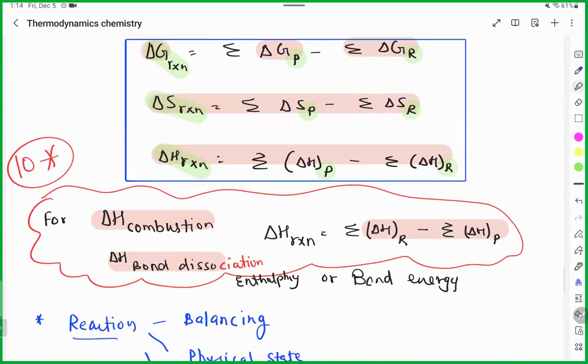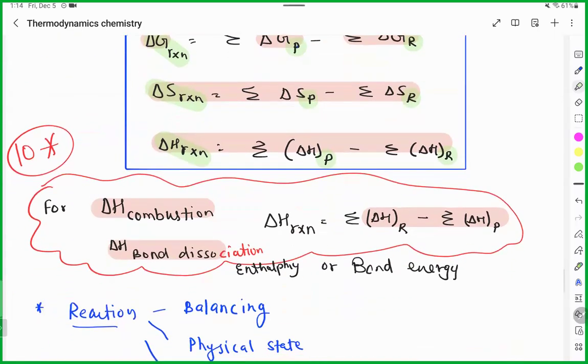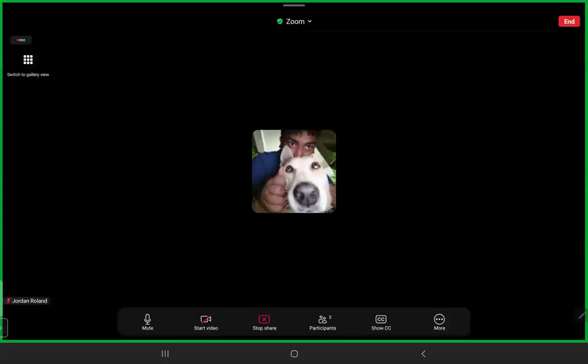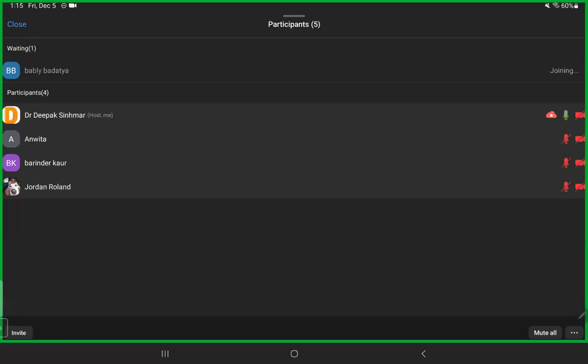But there are two exceptions, and both are extremely important. One is combustion, burning, and the second is bond dissociation enthalpy or bond energy. Except these two, everywhere there will be the same formula, product minus reactant. In these two cases, it is reactant minus product.